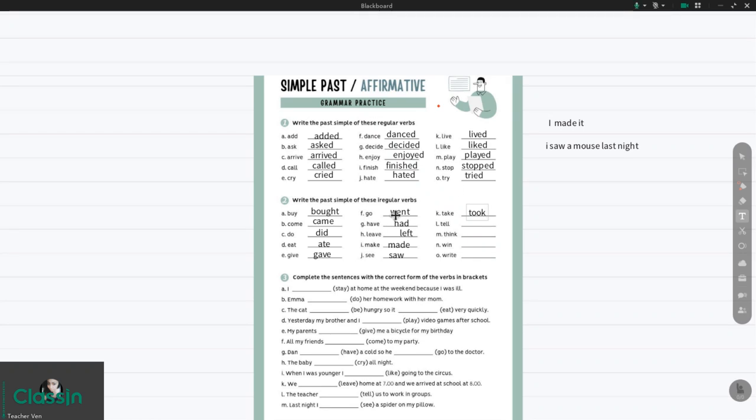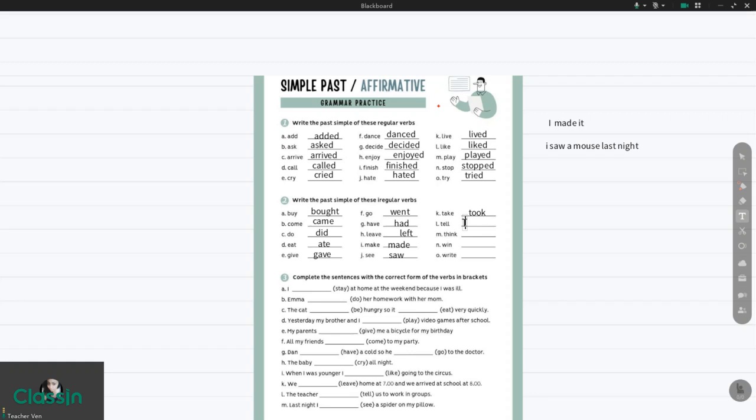But with irregular verbs, technically it changes the spelling. It's not adding ed or d, but it changes the spelling of your verbs, right? Okay, so moving on to our next word, next verb is tell.